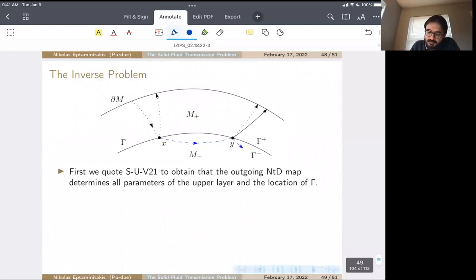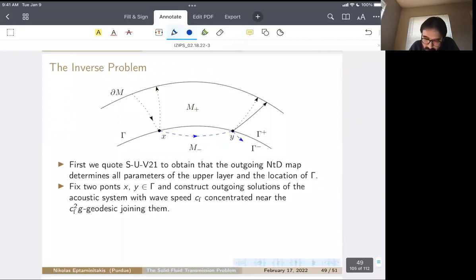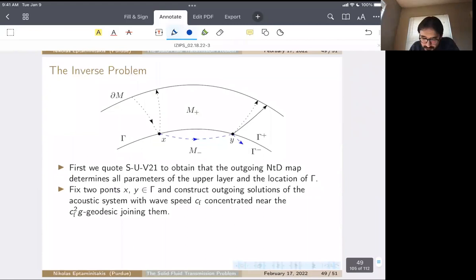And for the second layer, we basically just recover the travel time between points with respect to the first speed. So you choose two points here, and you look at the geodesic, with the metric c^{-2} times Euclidean, which connects the two, and you construct a solution that is microlocally supported along the corresponding bicharacteristic and so on.